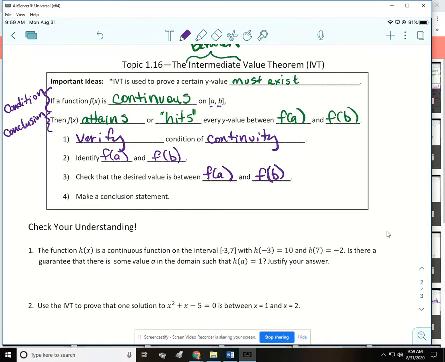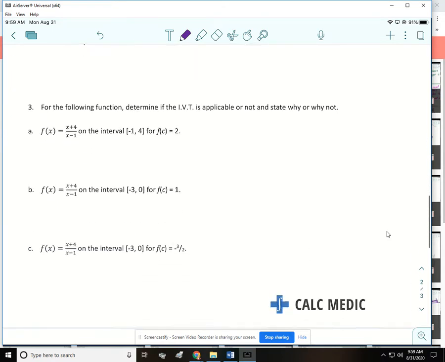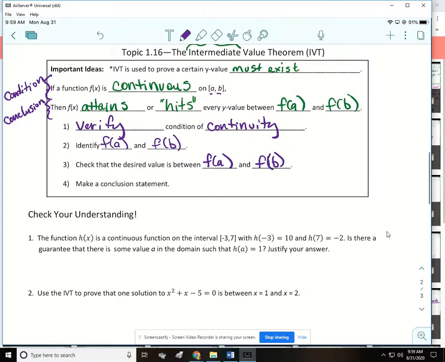Now on your worksheet, that conclusion statement should be printed out. I made this printout before I added it to the worksheet. So anyway, the conclusion statement will be something like the following.